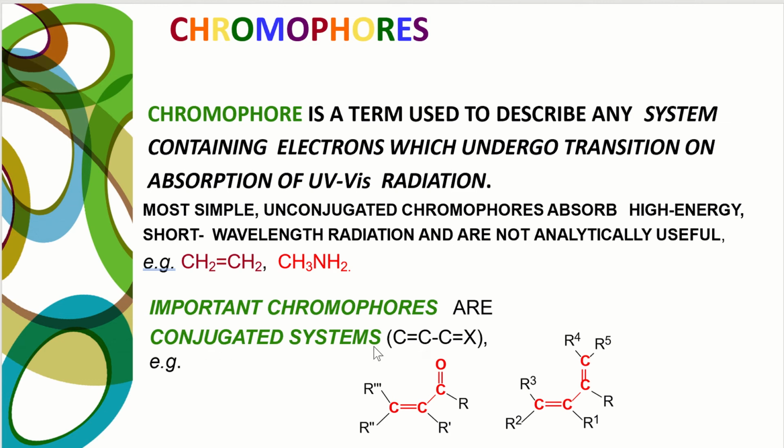So anytime you see or hear conjugated, we're talking about alternating single and double bonds. So double, single, double, single, etc. Here we have double, single, double, and if it's extended it will be single, double, single, double. So these are the important chromophores. The unconjugated chromophores and the simple ones are not analytically useful.